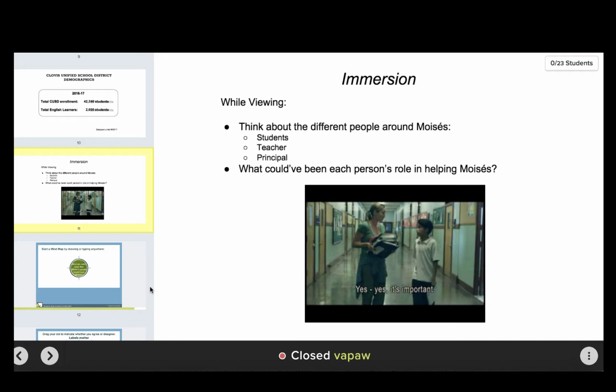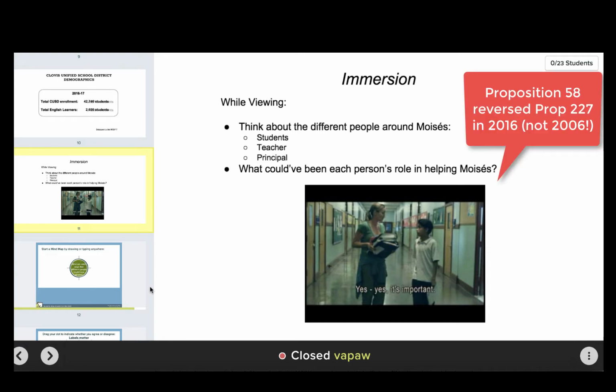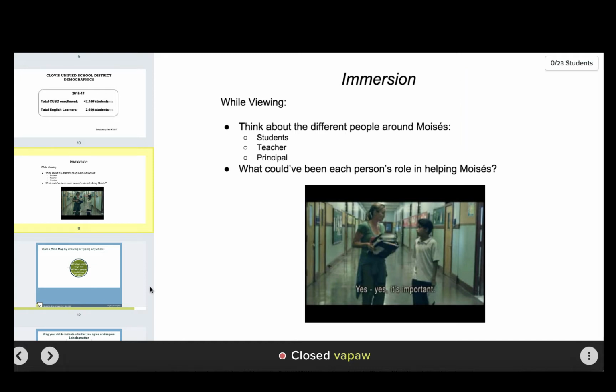But luckily, in 2016, Proposition 58 reversed that, and now bilingual education is being expanded everywhere in California. So yes, another way that we could have helped Moises is getting the peers to help, maybe by sitting next to him, making sure that Moises has a bilingual buddy that can help him navigate the school, the new environment.